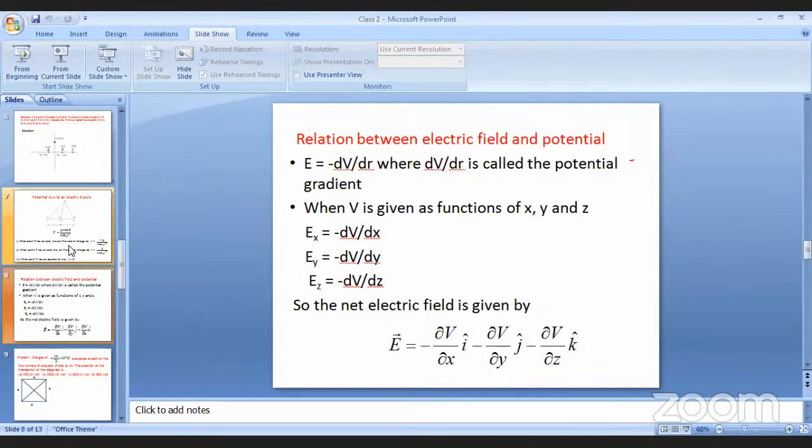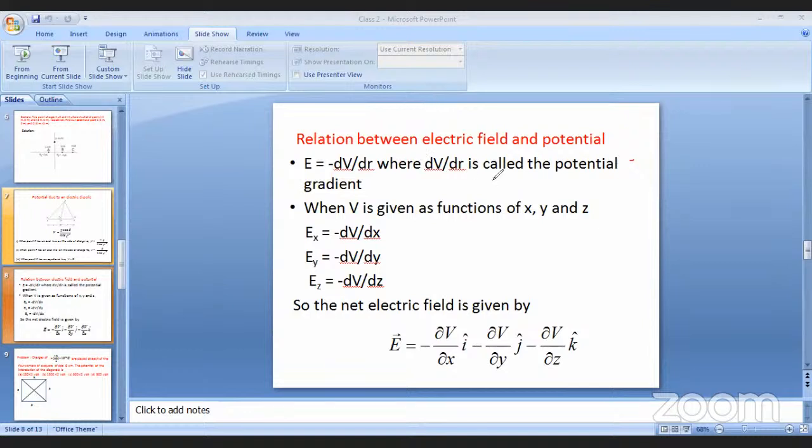The next thing is the relation between electric field and electric potential. So here you see E equal to minus dV by dr. This is the relation actually.